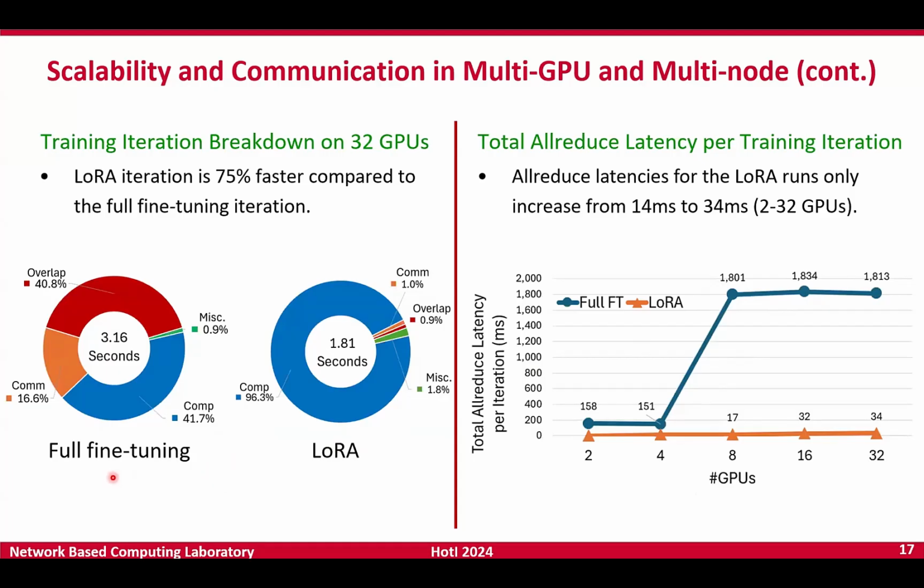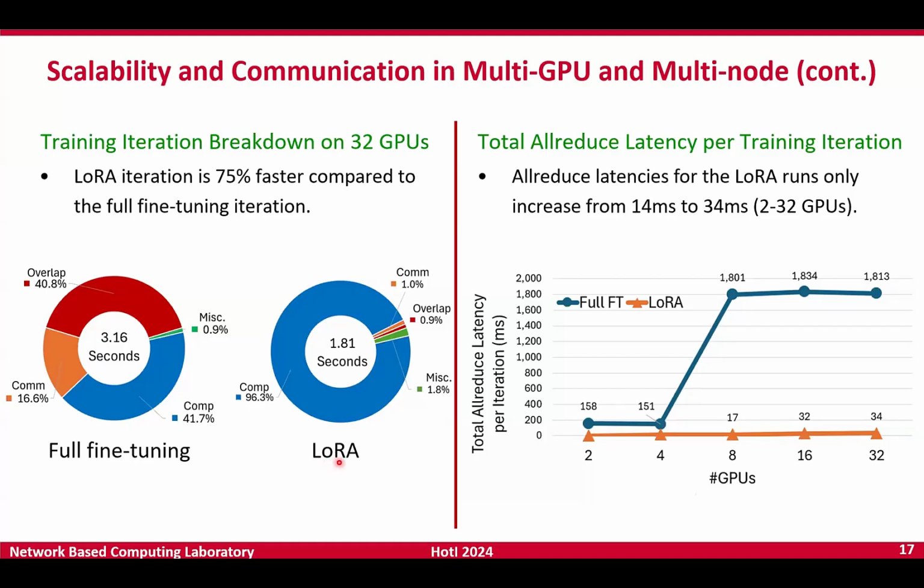So after that, we will further discuss the training iteration breakdown running on 32 GPUs. On the left, full fine-tuning takes 3.1 seconds, which is longer than the total time of LoRA, which is 1.8 seconds.